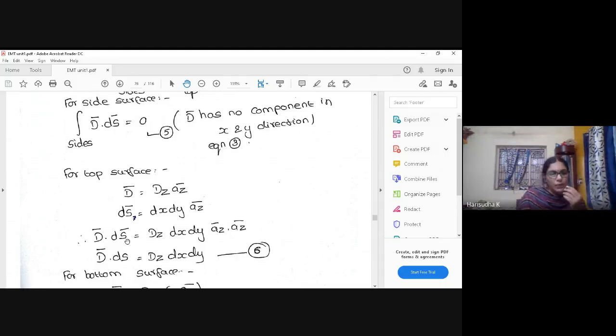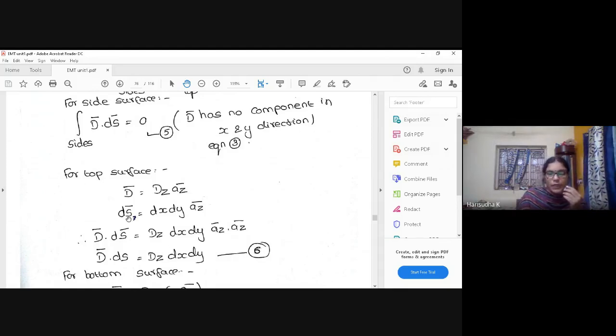Therefore, D dot dS is what I want to find. For the top surface, D is with respect to the positive z axis, so in the place of D, I have replaced Dz into az.